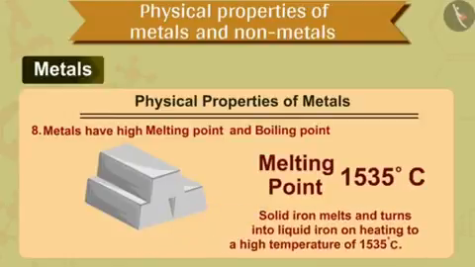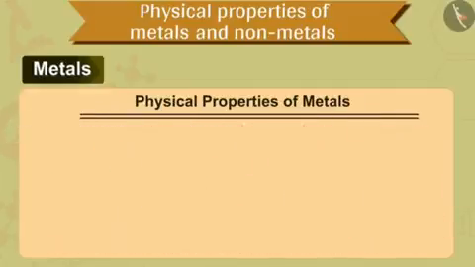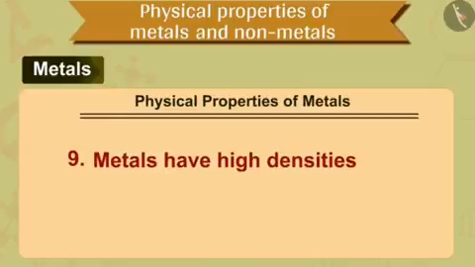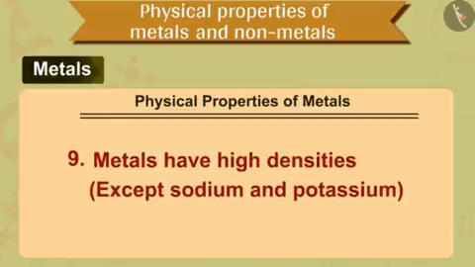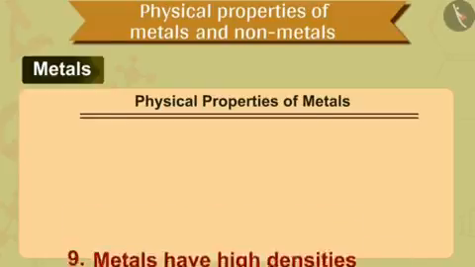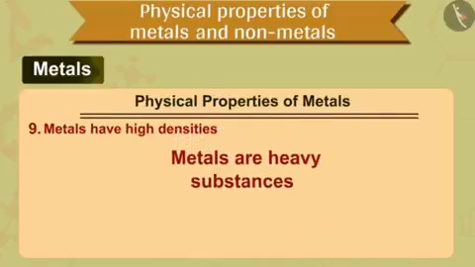This means that solid iron melts and turns into liquid iron on heating to a high temperature of 1535 degrees Celsius. Let's move ahead to the next, ninth property, which is that metals have high densities, except sodium and potassium. It means that these metals are heavy substances.